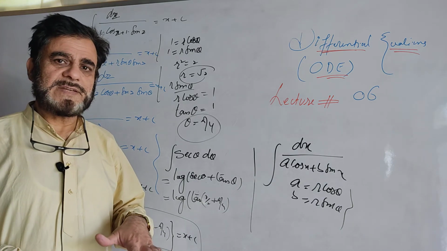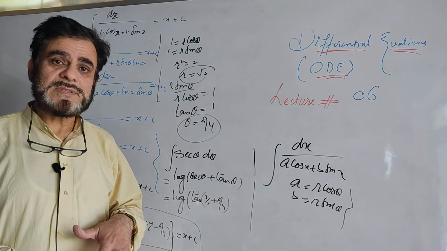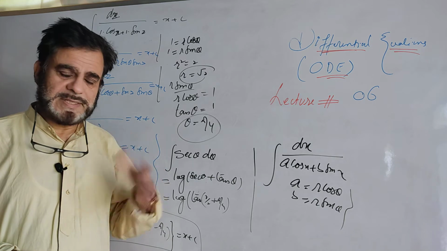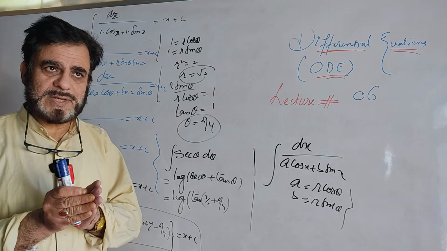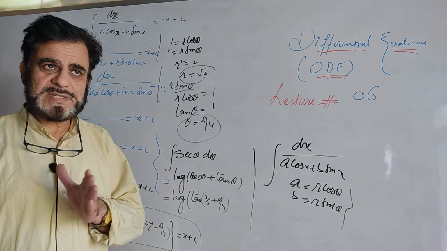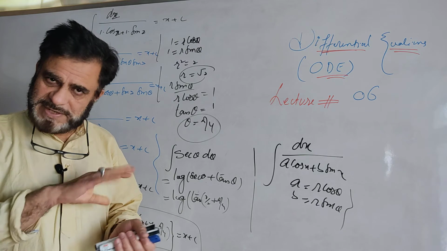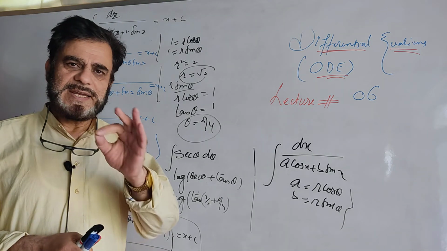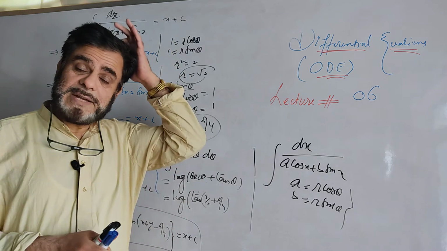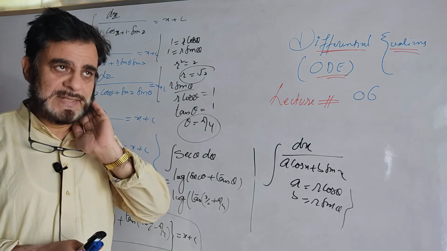Where the differential equation is not such that we can separate the variables, we will go for the substitution, not directly, not always. But when you find that x and y are mixed up together, by putting x plus y equal to something or x minus y equal to something, it reduces to a single variable. It involves x plus y, so one variable gets reduced, and instead of one variable we have z. We can do it in that way. But in certain cases when it is not possible, we have other methods.